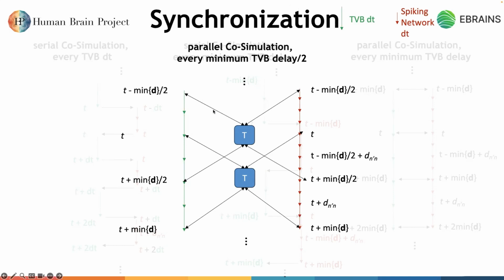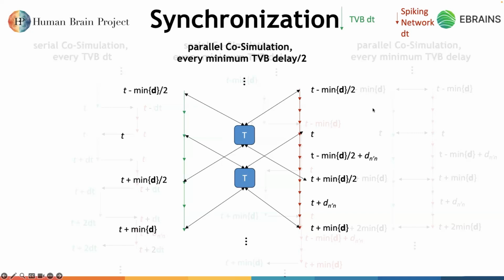We gain time, maybe, by parallelizing the transformations as well, but in this case we need to synchronize every half minimum delay of TVB, right? Because we need to spend half the time to simulate and half the time to send for the transformation of the data.